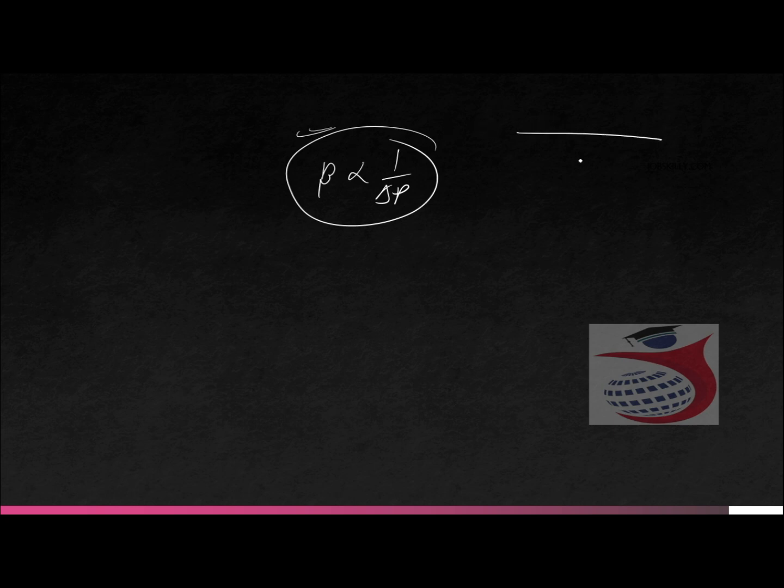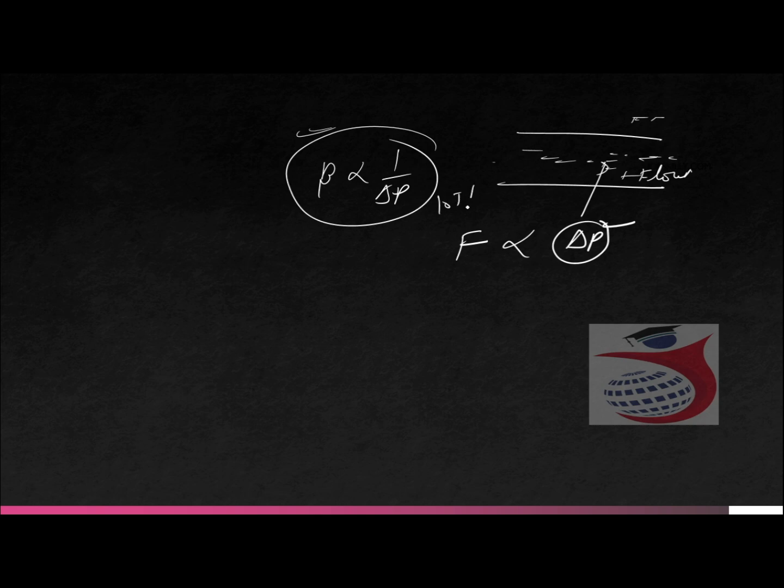Suppose some fluid is flowing inside this and we want to measure this flow. Then for flow we need a specific delta P. Suppose 10 ton per hour flow is there, then we need a fixed amount of delta P for 10 ton per hour.